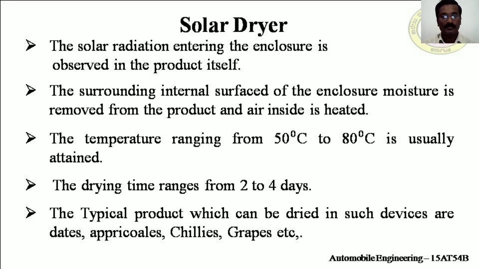The time taken for this process is 2 to 4 days. Typical products which can be dried in such devices are dates, apricots, chilies, grapes, etc.